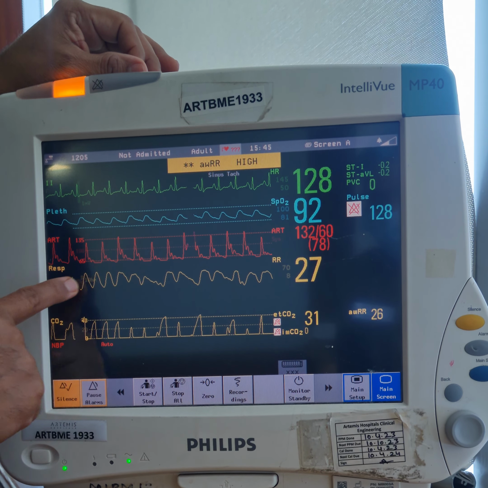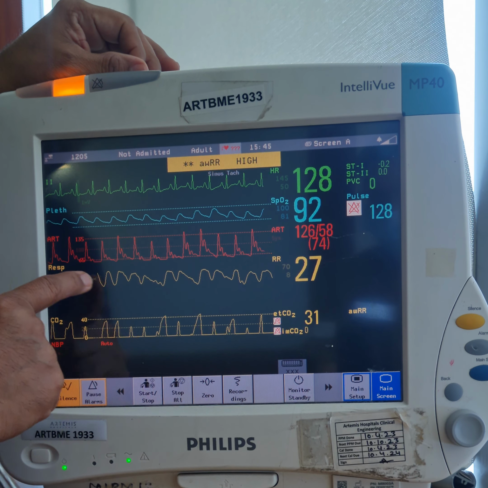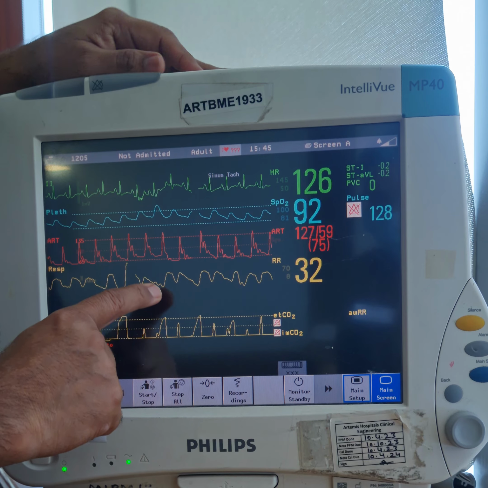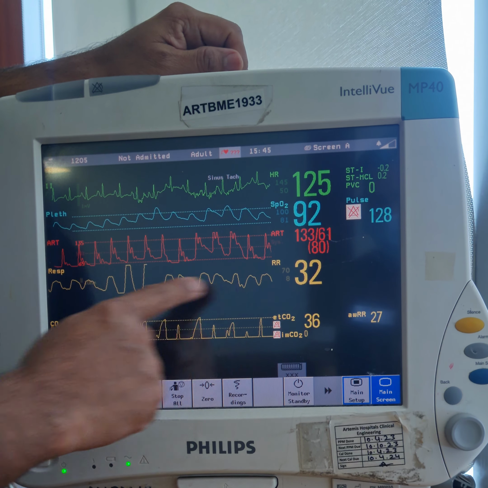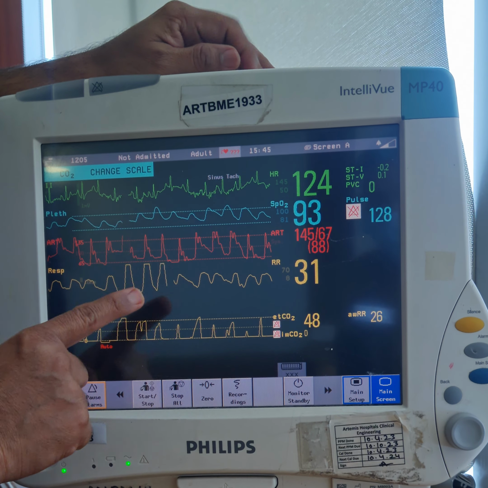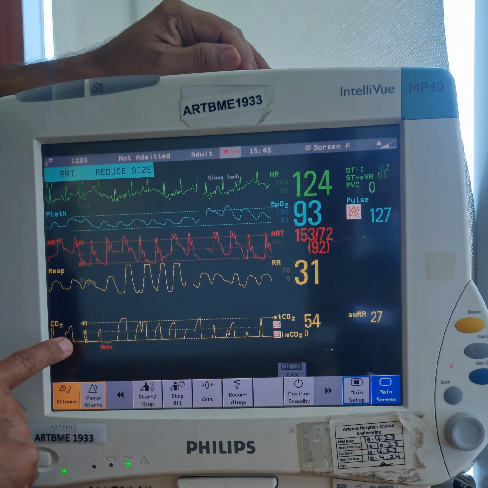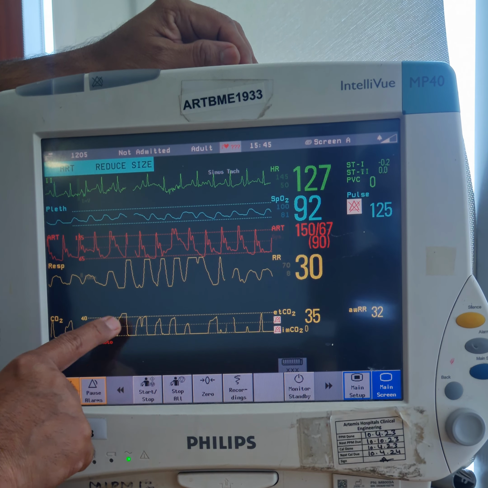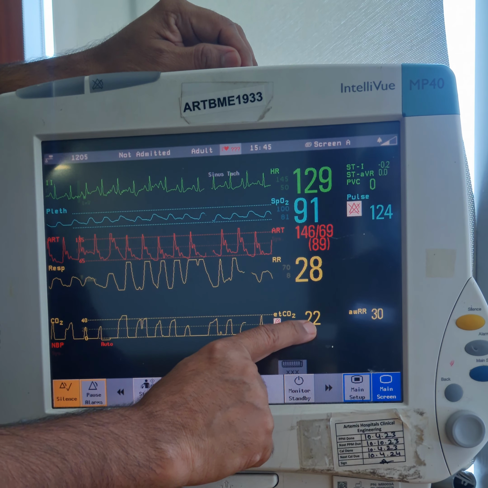The next parameter is the respiratory rate. Whenever our patient is on a ventilator, we do not keep it, otherwise we see this. After that there is the EtCO2. EtCO2 gives you the trace and the numerical value.